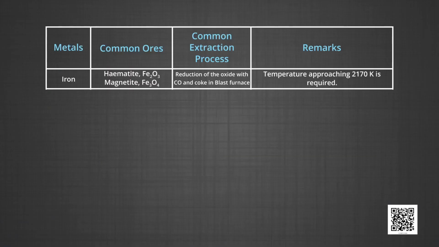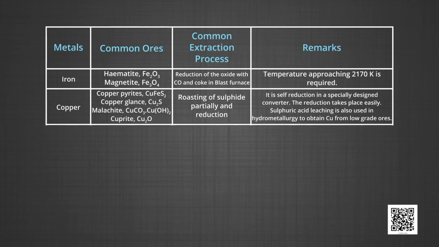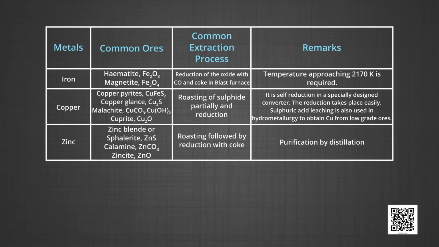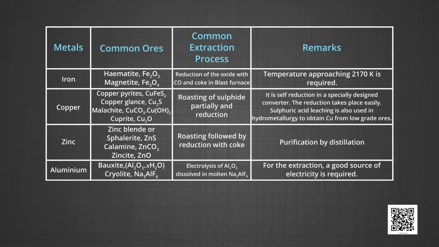Extraction of iron is done by reduction of its oxide ore in the blast furnace, and copper is extracted by smelting and heating in a reverberatory furnace. Extraction of zinc from zinc oxide is done using coke. Extraction of aluminium is usually carried out from its bauxite ore.